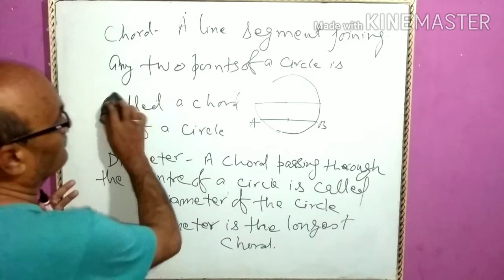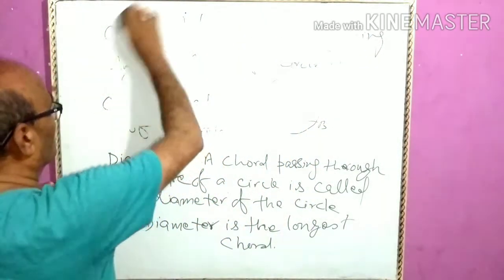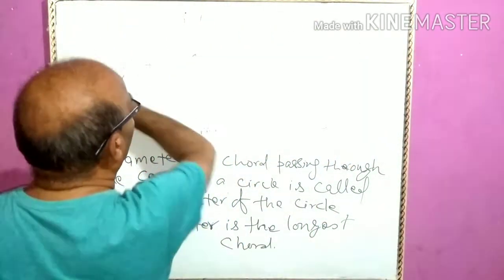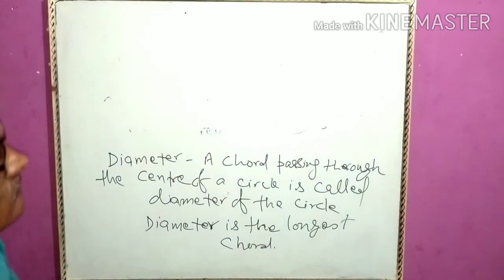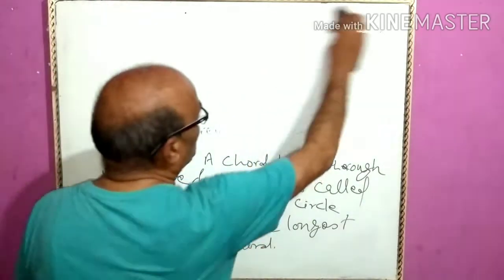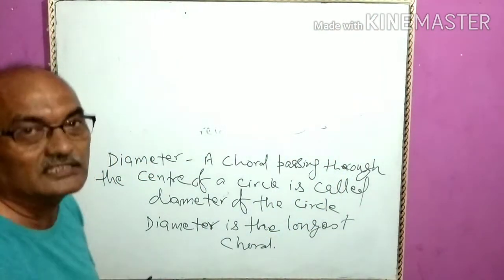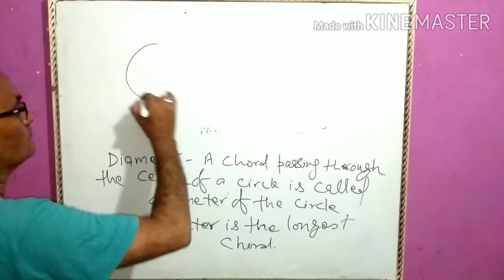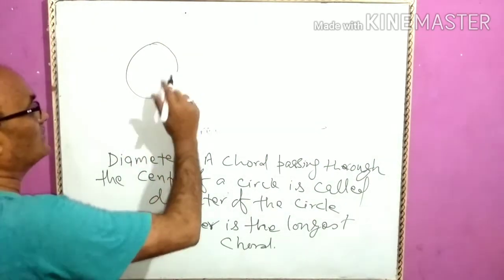Now there is a relation between circumference and diameter. Let us see. Whatever may be the size of the circle, it is just a sketch.